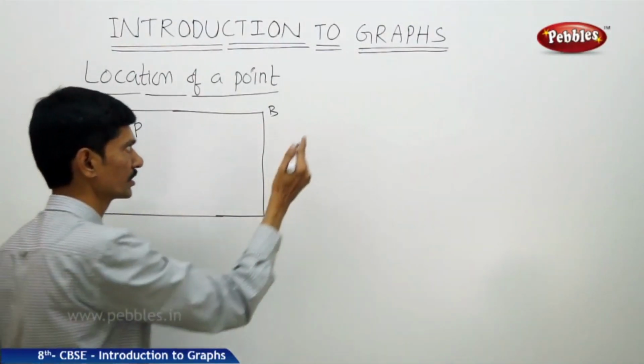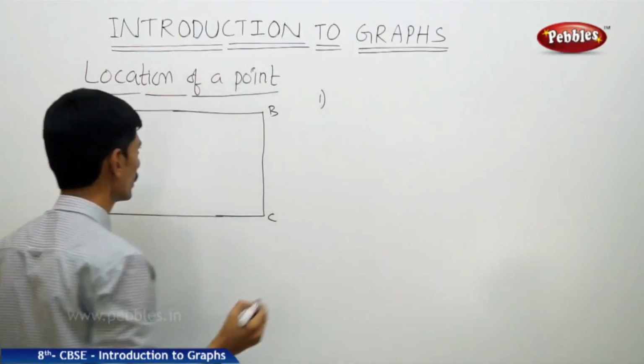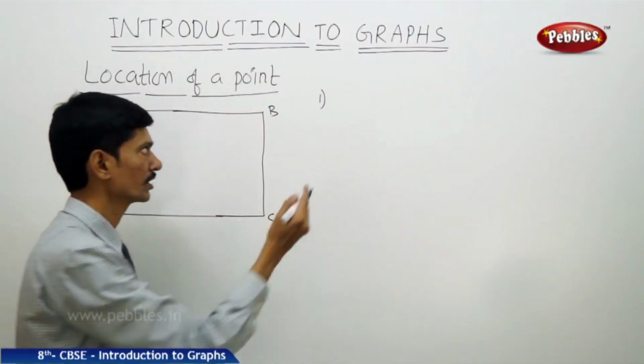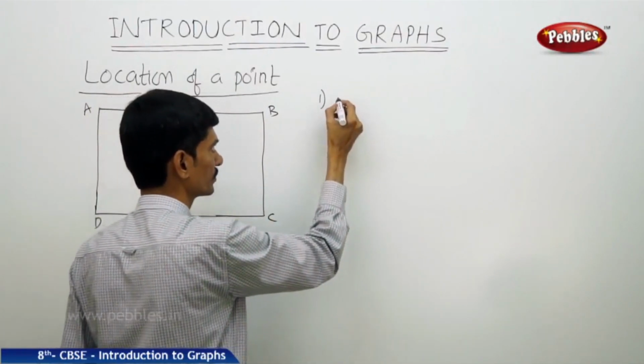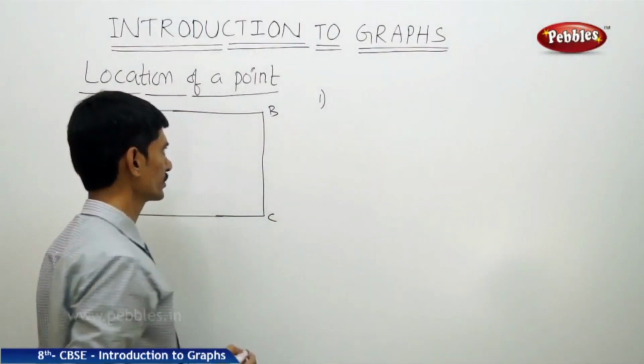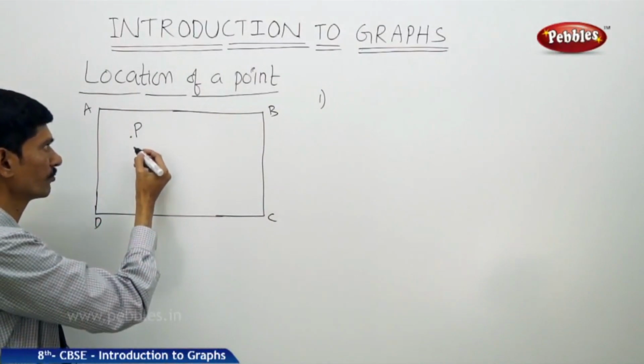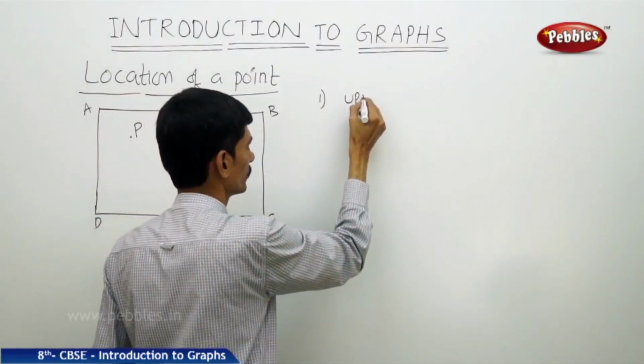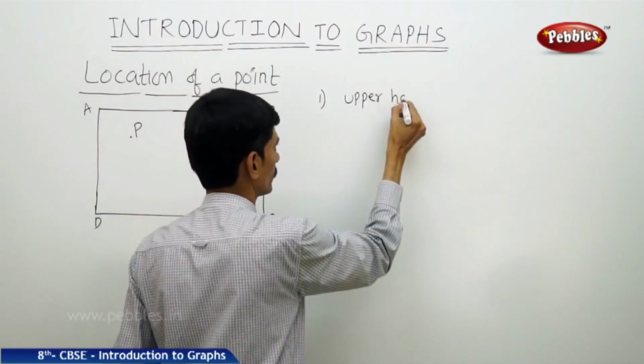Now one student said that the dot is in the upper half of the blackboard. So the first response from the student is that the position of the point is in the upper half of the blackboard.